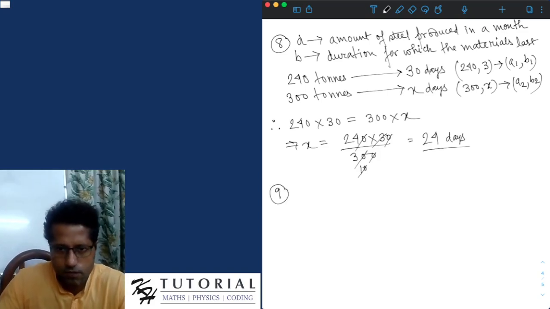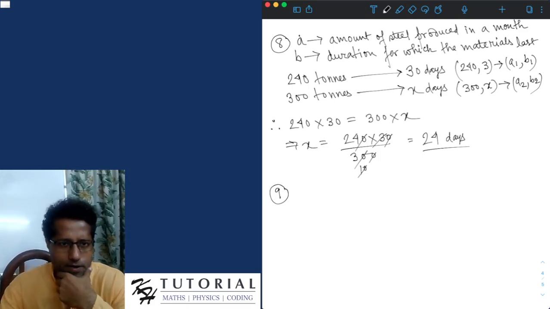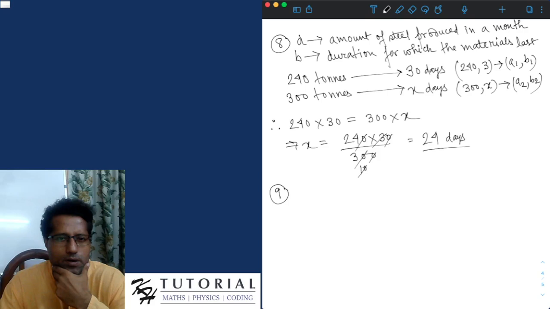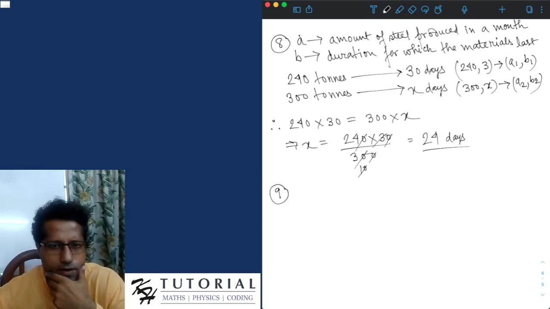Let's solve question number 9. It says that a contractor employed 210 men to build a house in 60 days. Okay. After 12 days, he was joined by 70 more men.